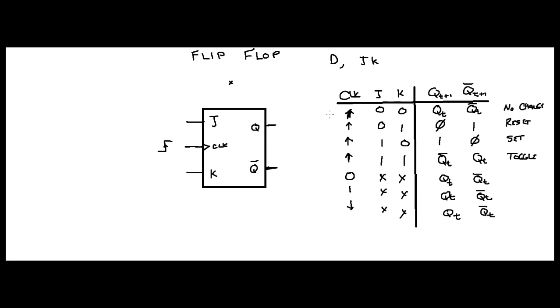Positive edge to clock it, and then when it doesn't get it, it's not going to do anything, so it just stays where it is. That's pretty much no change. You might see this as inhibited, but it's really also no change. Let me just call it NC. So it's not going to change if it doesn't see a positive edge on your clock pulse.